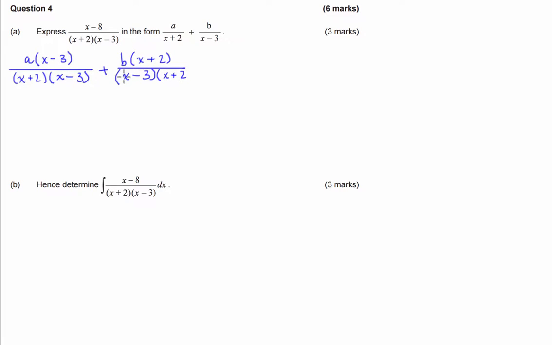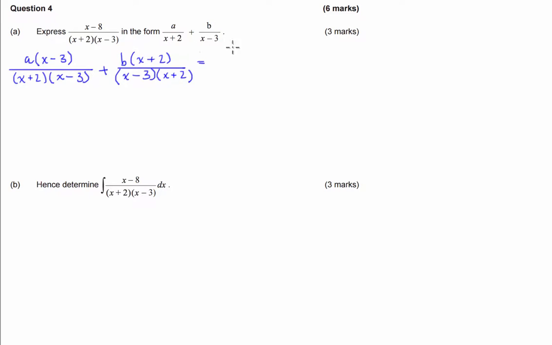Now, because I've got the same denominators, I can add the numerators together. I'm going to do two steps in one hit: multiply out the brackets and add the numerators.